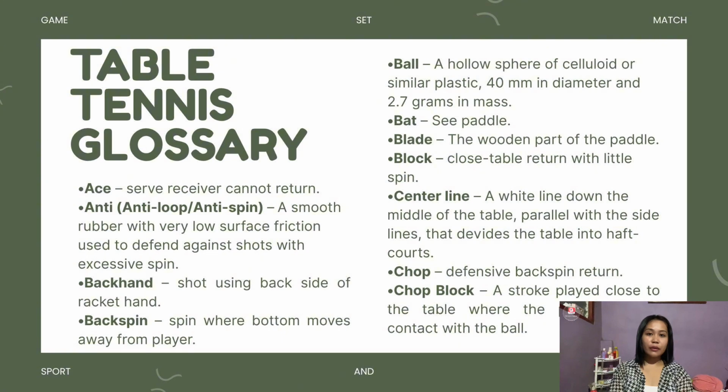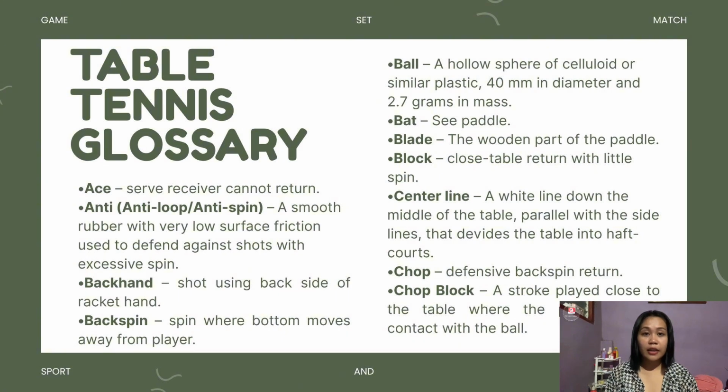It consists of the blade, which is the wooden part of the paddle, and rubber coverings attached on both sides. And a block is a defensive shot usually performed close to the table. The player simply redirects the opponent's fast attack with little movement and little spin.